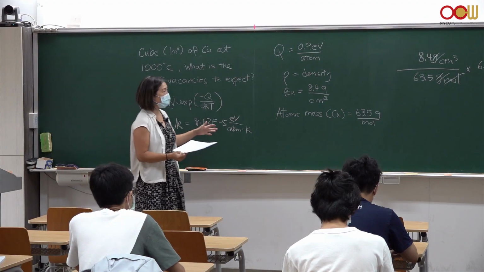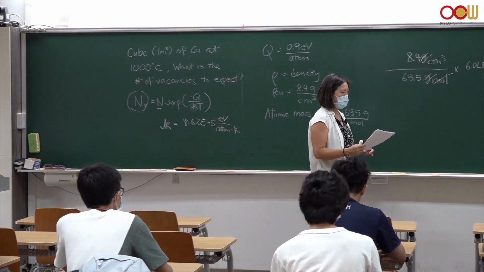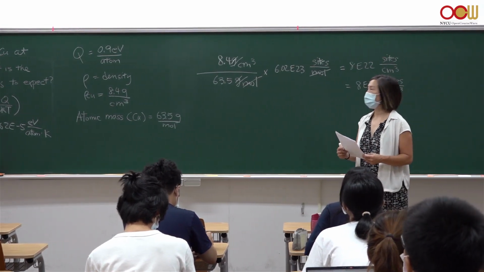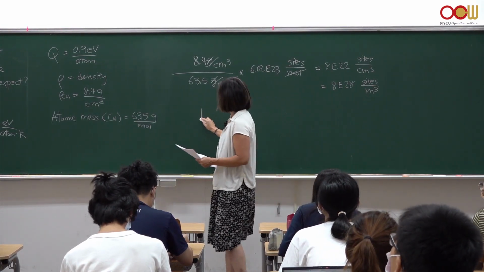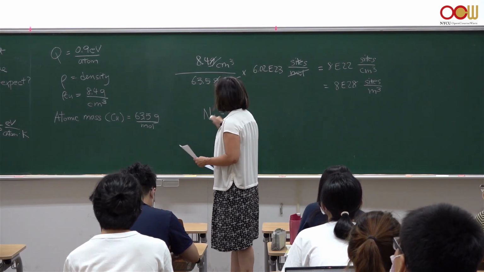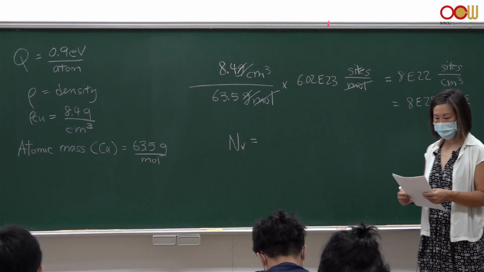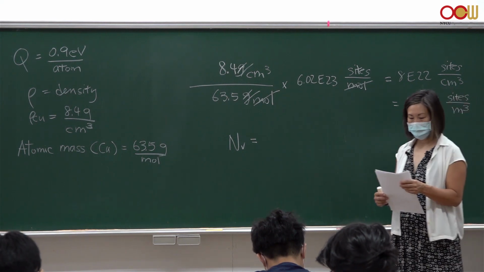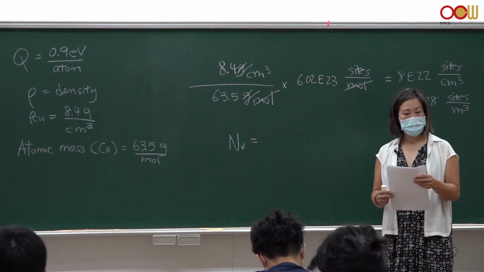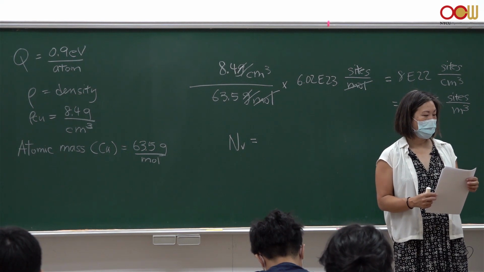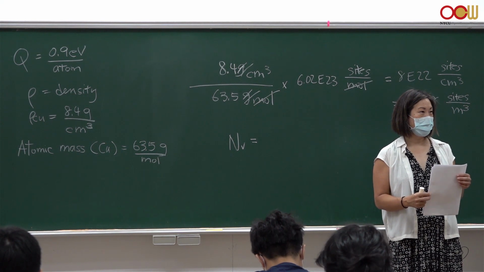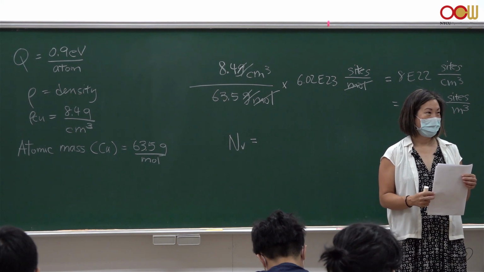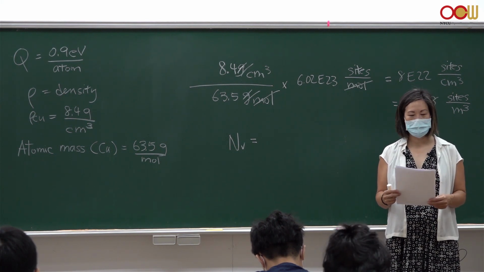Okay, so if you plug everything in, can somebody tell me what you get? What the number would be for N sub V? 1.53? Did you, for the temperature, use 1,000 as your number? No, 1,000 and 273, okay, you converted it to Kelvin.